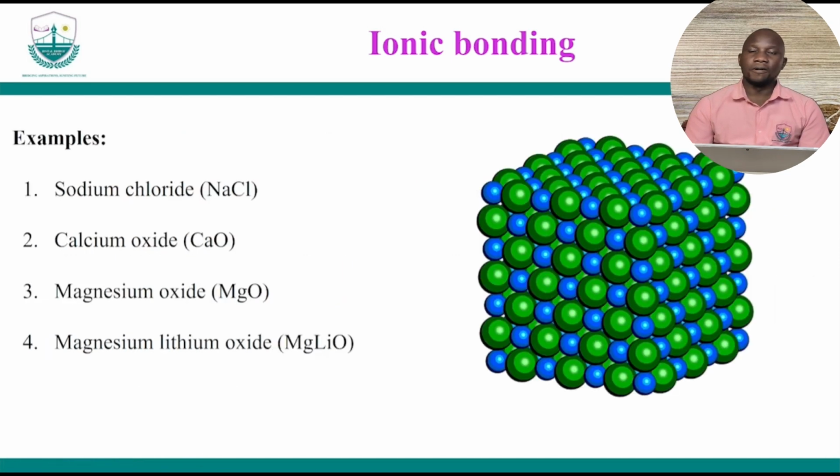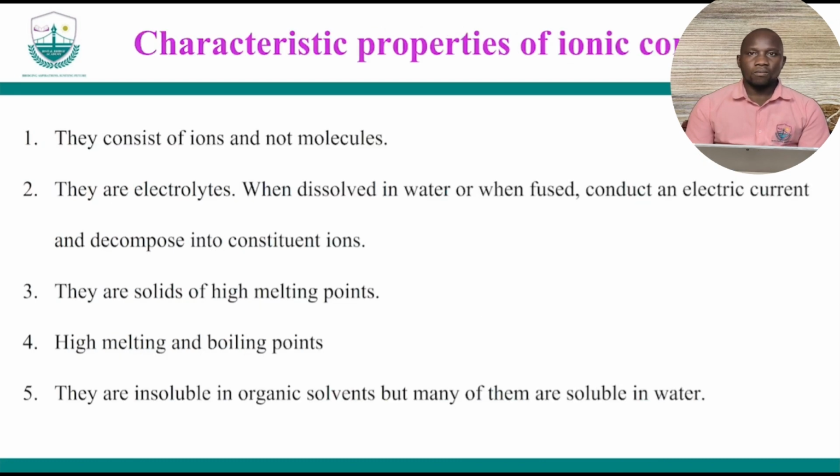We have different compounds that have ionic bonds. We started by talking about sodium chloride, but we also have magnesium chloride, calcium oxide, magnesium oxide, and also lithium oxide. What is unique about these ionic compounds is that they consist of ions, the cations and anions, so they don't exist as molecular compounds or molecules. They are electrolytes.